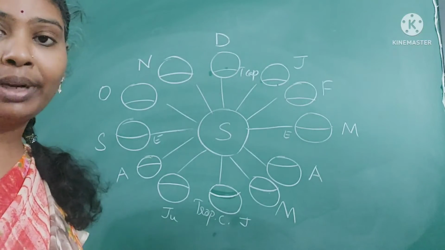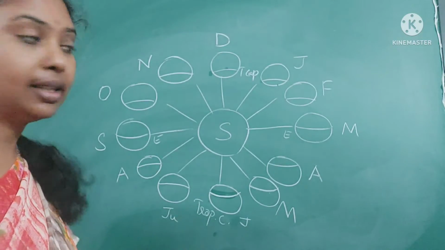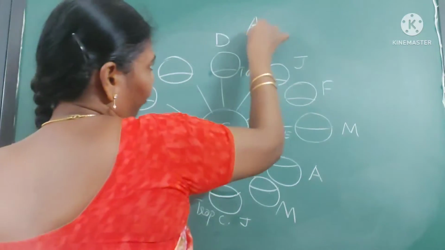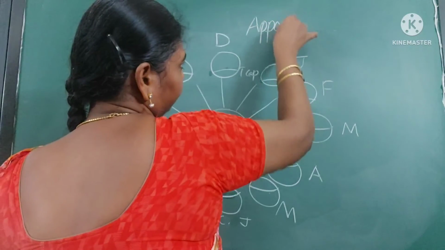So this movement of the sun on the earth is known as apparent movement.